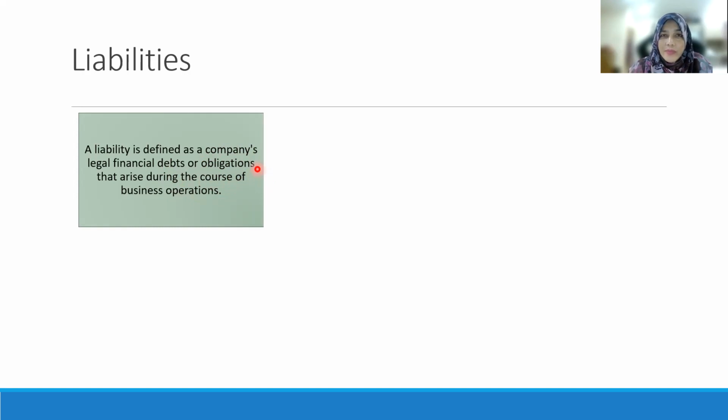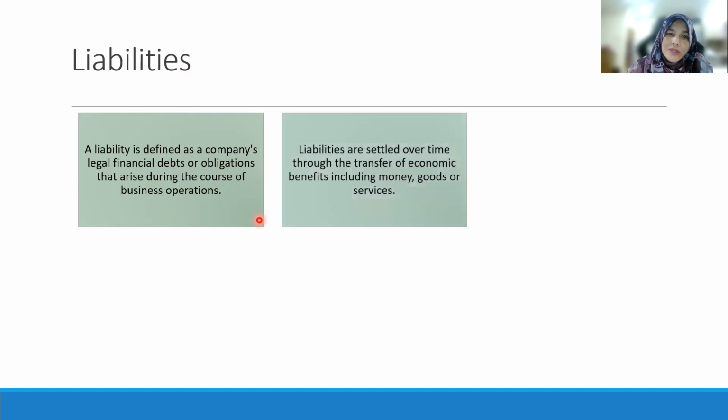They won't be paying cash, they will be on credit term. The credit term that they have with the supplier is known as an obligation, and an obligation is known as a liability. Liabilities are settled over time through the transfer of economic benefit, including money, goods, and services.